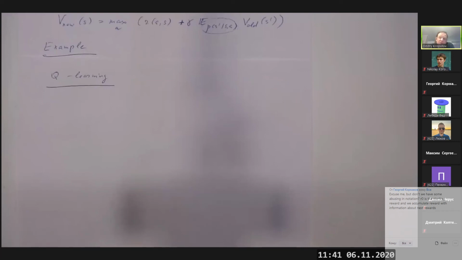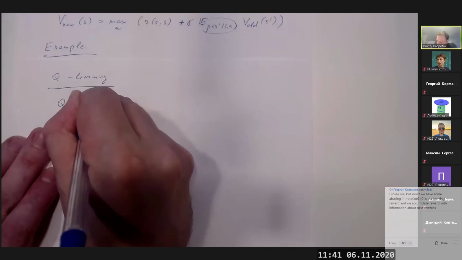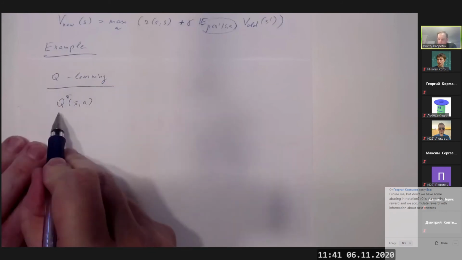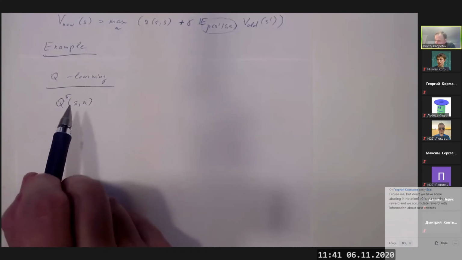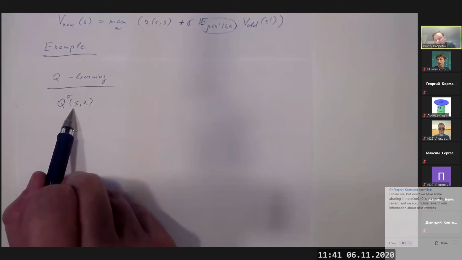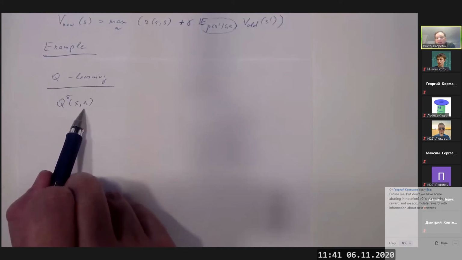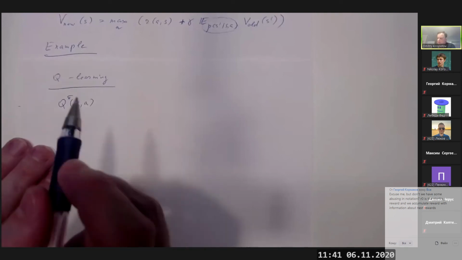Again, we are going to introduce some value function and consider recalculating this value function in iterations. And in this case, we would introduce the following function, Q. Q stands for quality function that now depends on two things: on the current state of our environment, and the particular action that we are making in this particular state.